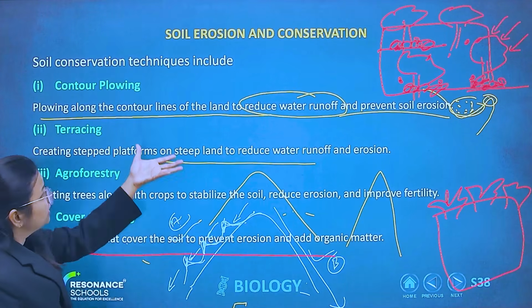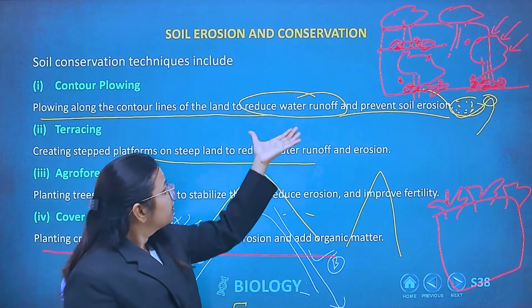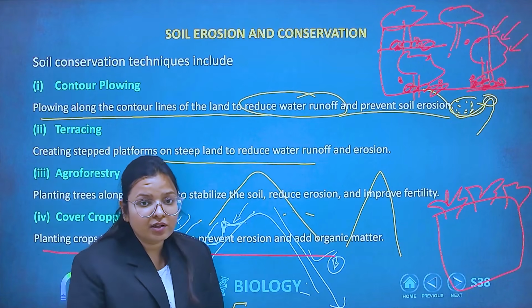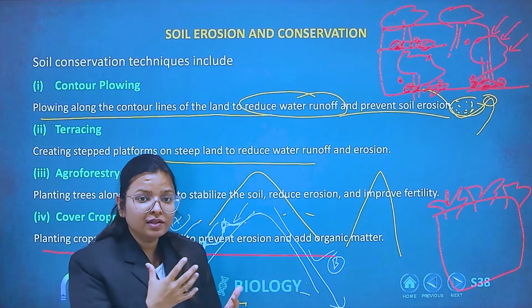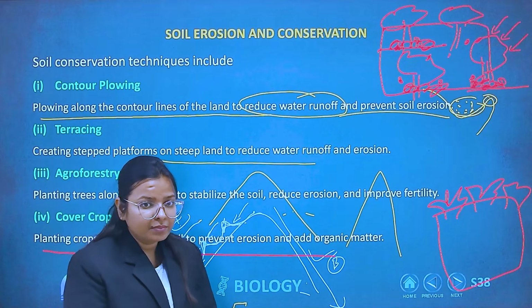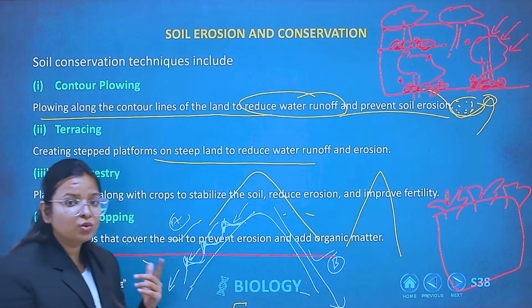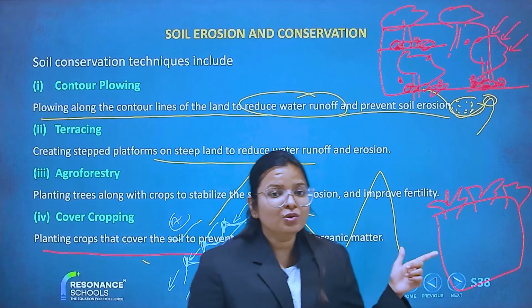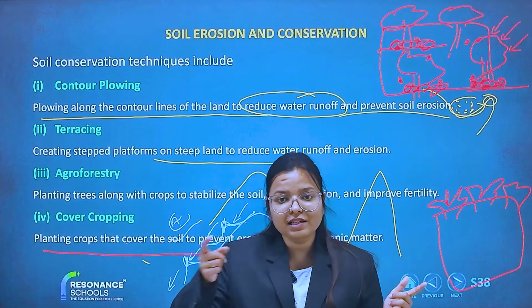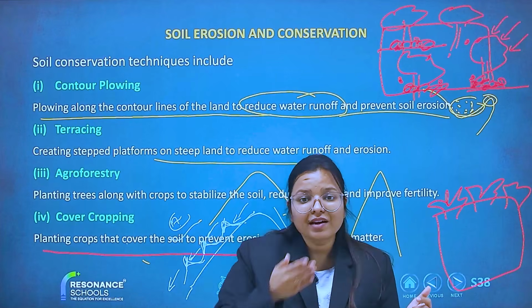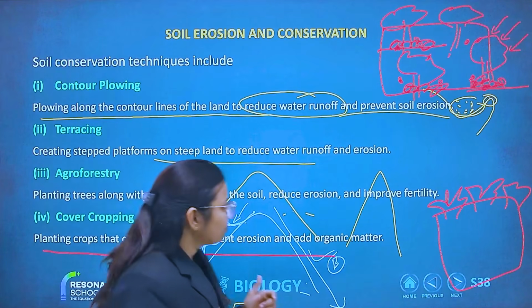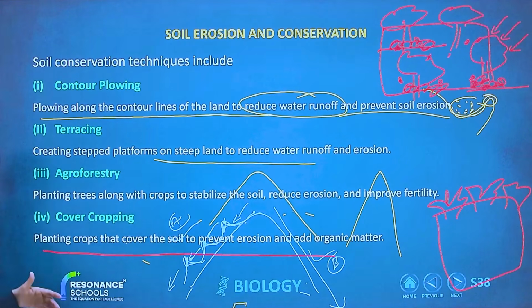Both are the same thing. Both are used to reduce water runoff, to lower the water flow impact. But what is the difference? In contour plowing, we are going alongside the surface, and in terracing we are going across the surface. We are cutting the surface and creating steps there.